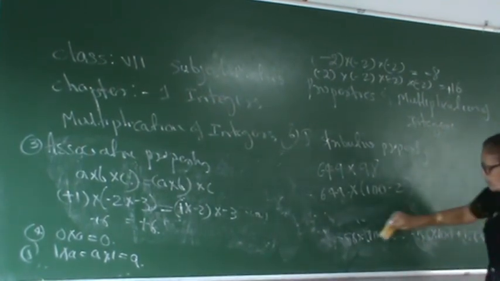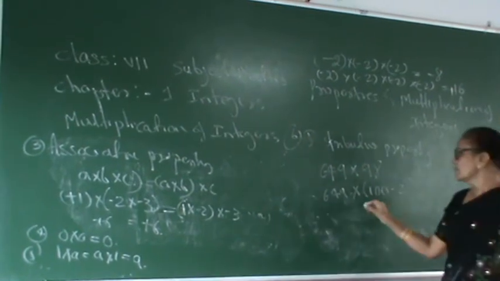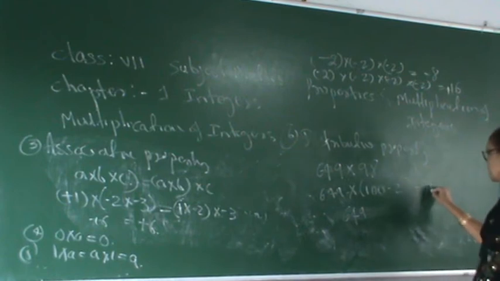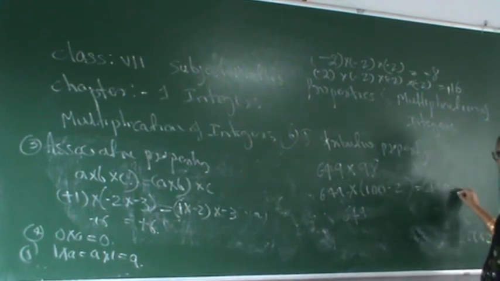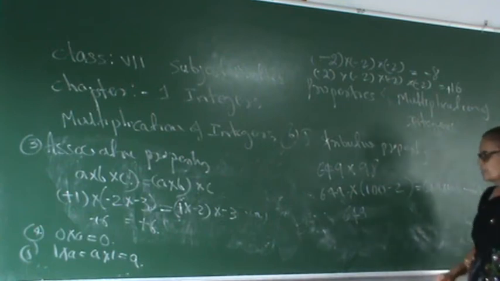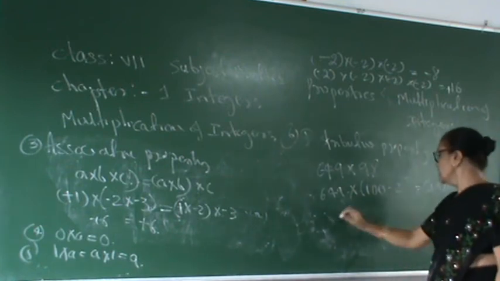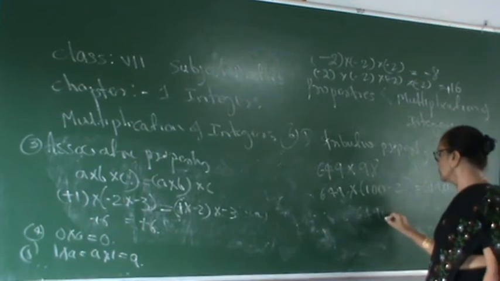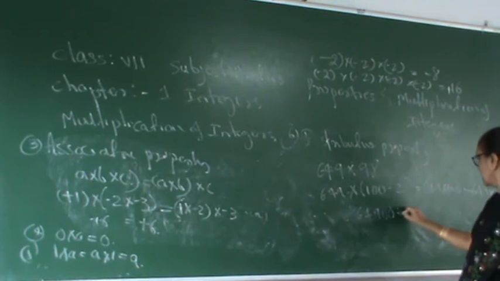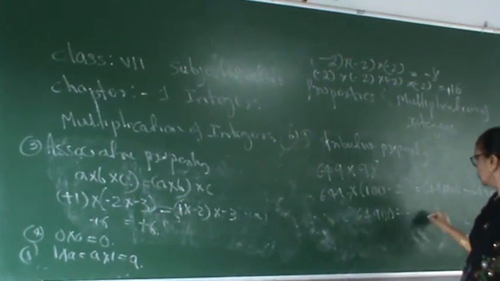So using this property, we will multiply easily: 649 into 100 minus 649 into 2. 649 into 100 is 64900.